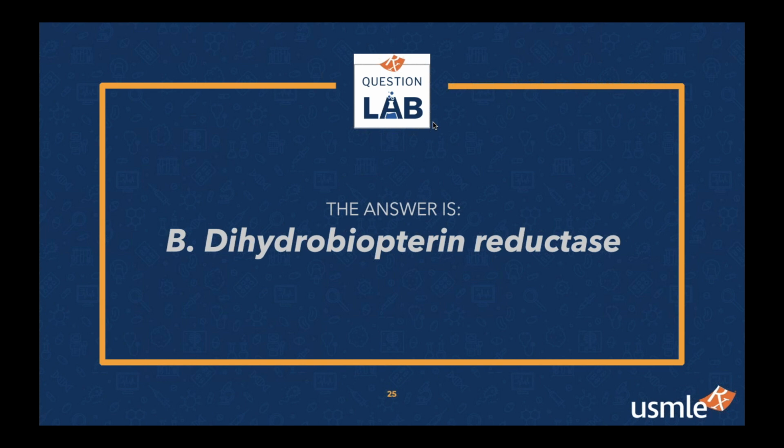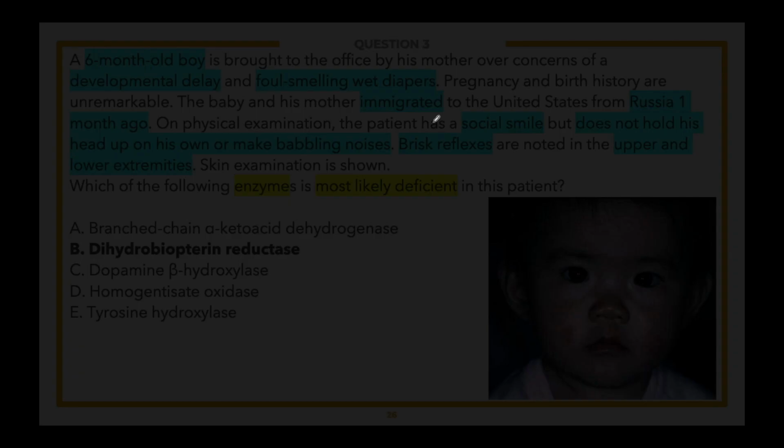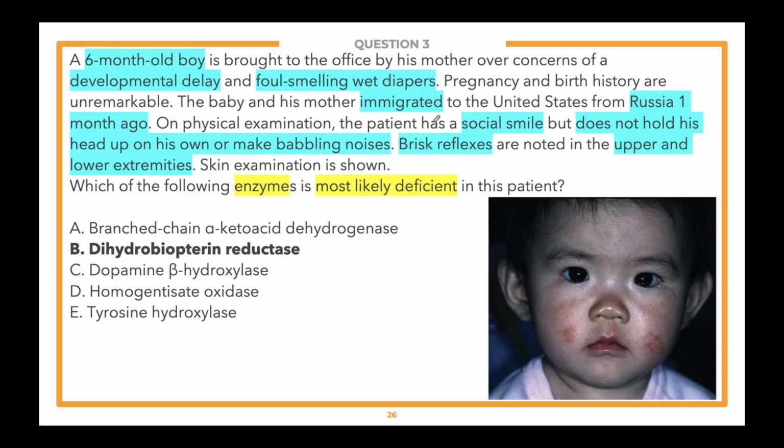Thank you, Sean. Yes, definitely a tough question here. So what exactly is going on? What's that first step? What's the diagnosis here? Well, this patient has some immigration history. This patient has developmental delay, foul-smelling odor, and an eczematous rash.